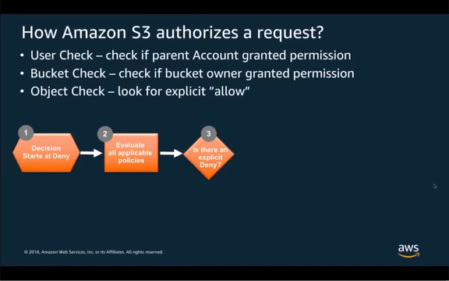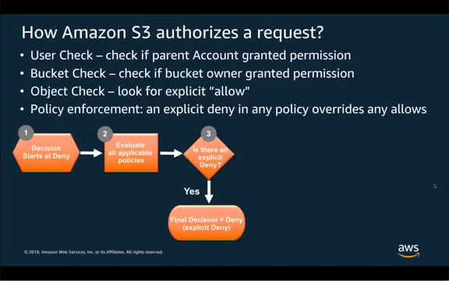So we collect all the policies and we evaluate them together. If a single policy includes a denied action, AWS will deny the entire request and stop evaluating those policies. This is called an explicit deny. So here we're checking for an explicit deny. If there is an explicit deny, then the final decision is a deny.